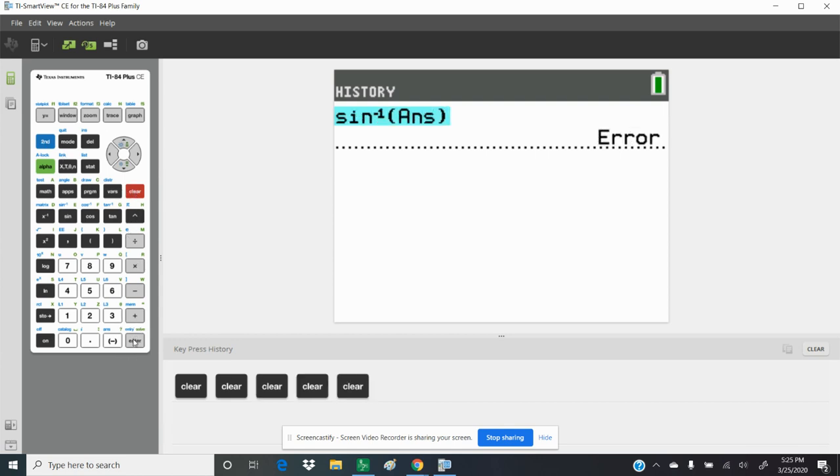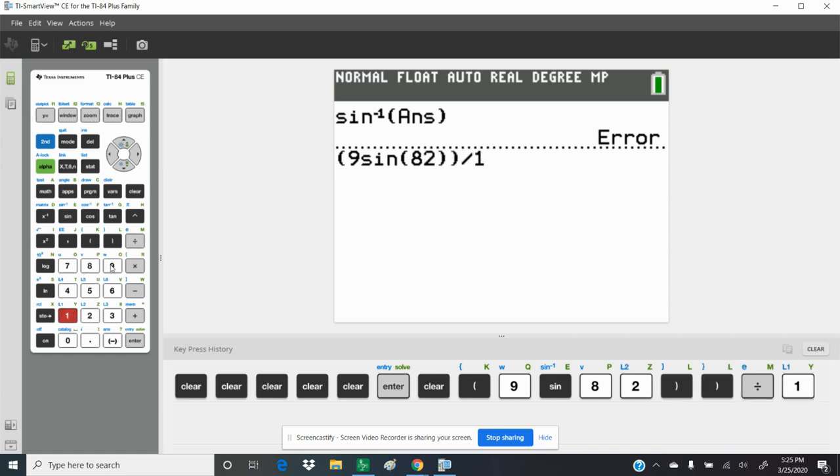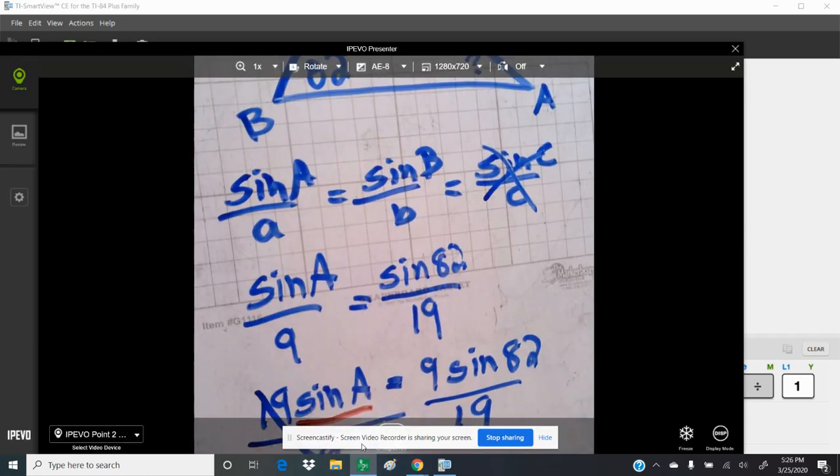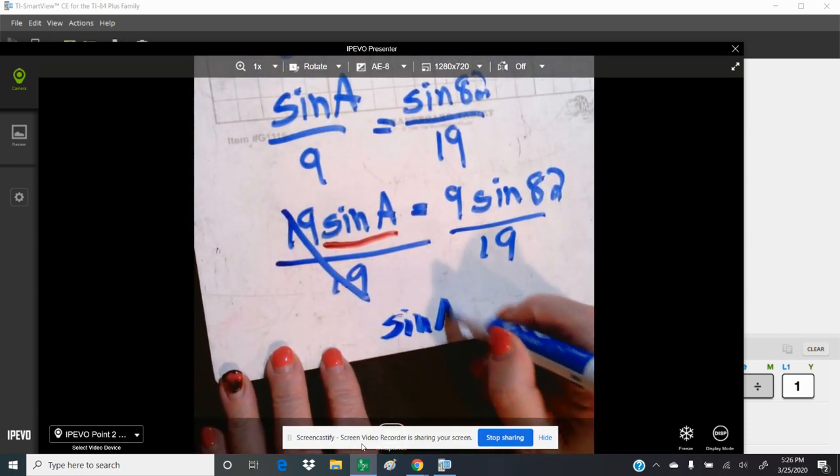So I'm going to do parentheses 9 times the sine of 82. I'm going to close my parentheses, divided by 19. And I get 0.4691.